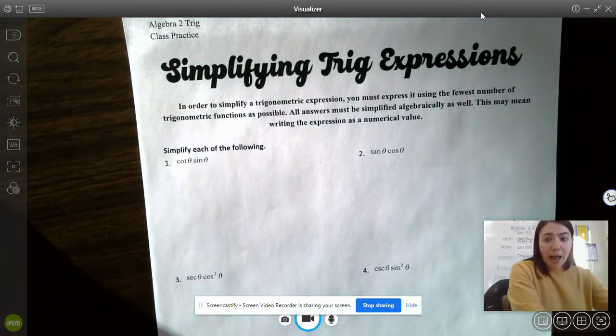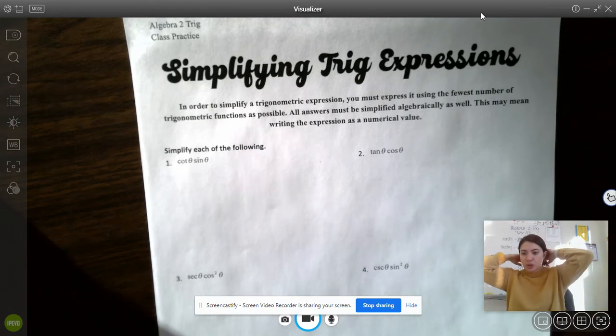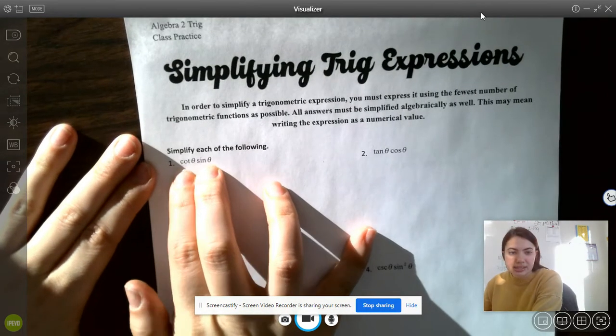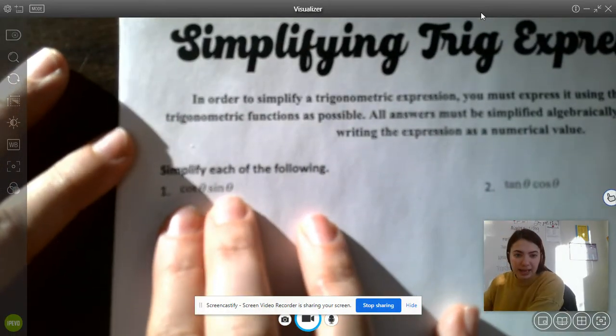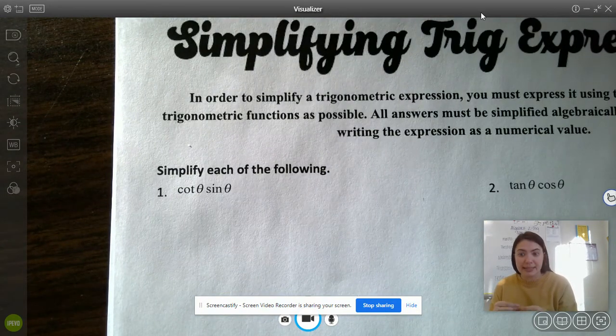So first off, when we simplify trig expressions, the overall goal for us is to finalize our answer in one single expression. If you take a look at this first example, we have the cotangent of theta times the sine of theta. Even though this is a product and those two are being multiplied together, that's still not a single simplified value.